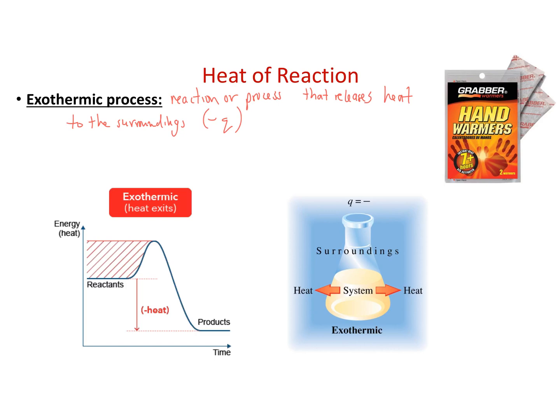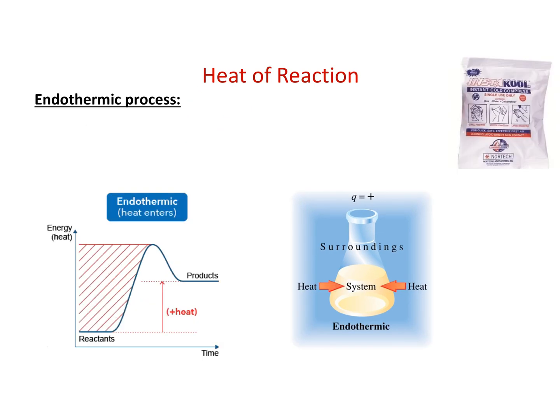What it looks like with a reaction coordinate diagram: here's the energy of my reactants. I need to go up and over the activation barrier of the reaction to get the reaction going. But once the reaction forms products, I'm releasing energy during the course of that reaction in the form of heat. That would be an exothermic reaction, a loss of heat during the course of that reaction.